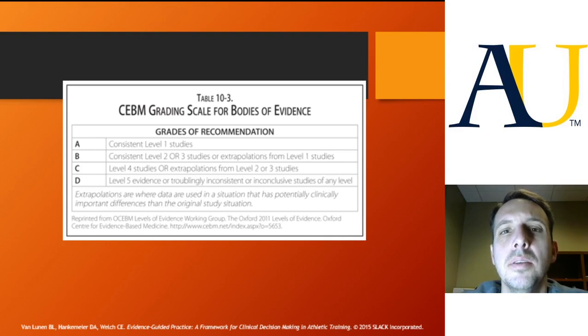The problem is you oftentimes have differing results, and so you have to extrapolate from those different studies, and so that lowers it one level. So if you have several level 1 studies saying that something works, but a few level 2 or level 1 studies saying it does not work, you might give that a grade of recommendation of a B.